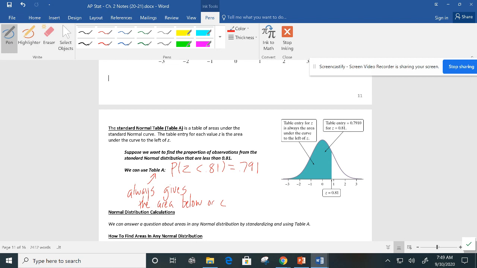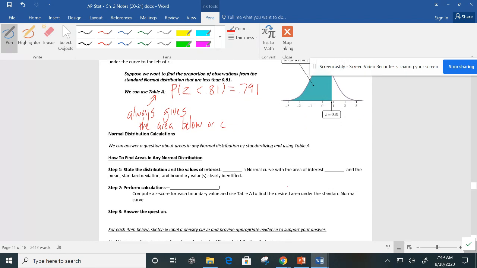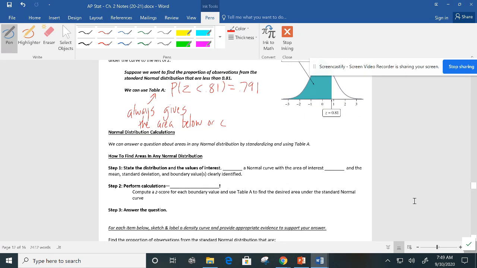So we can answer a question about the areas in any normal distribution by standardizing, aka finding the z-score, and then using table A to go through that. So step one when we're doing this is you want to state the distribution and the values of interest, draw in a normal curve, and shade that area that you're talking about, okay?